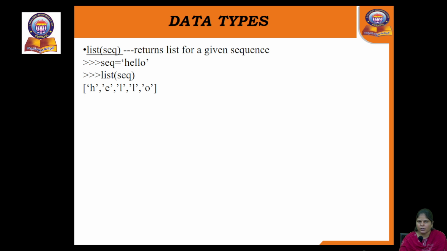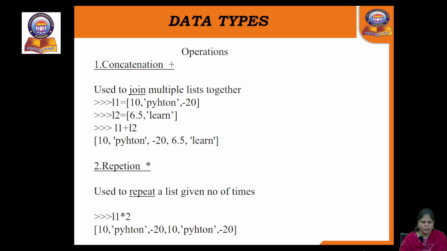Another function we have is list, which is used for the conversion of a sequence into a list. Right? So next is operations. We can perform operations like concatenation and repetition. Concatenation is for combining two lists together into one, right?